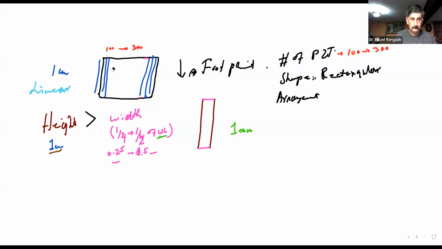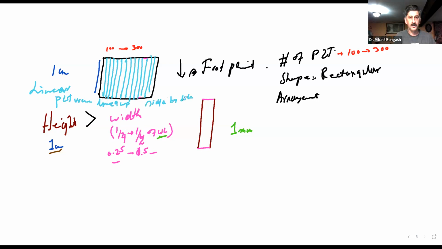Because what we mainly can say is that the PCTs or the crystals were lined up side by side, or shoulder to shoulder, just like soldiers standing.